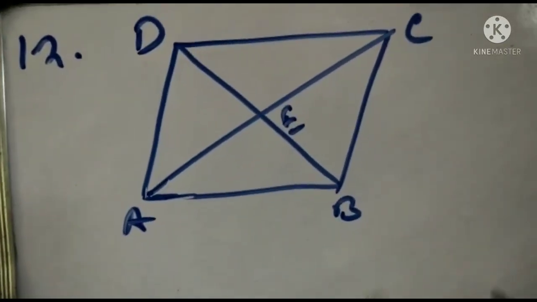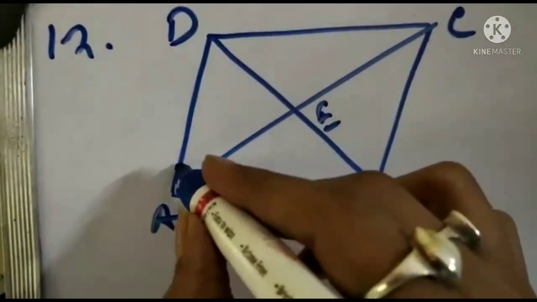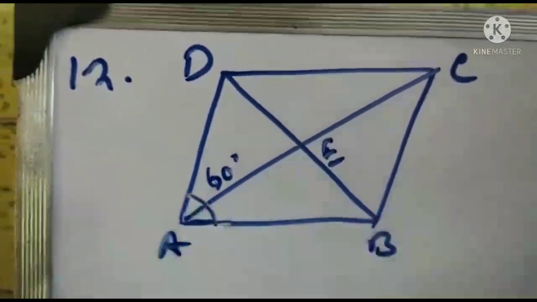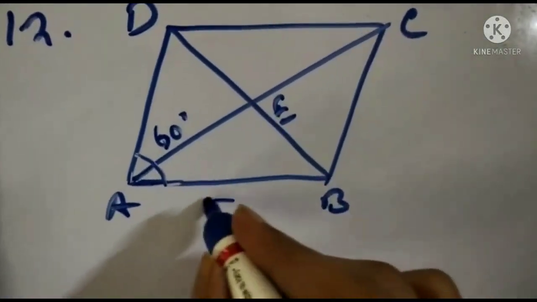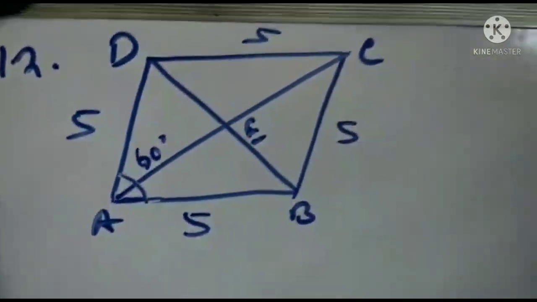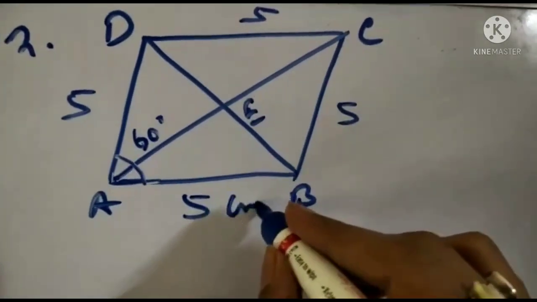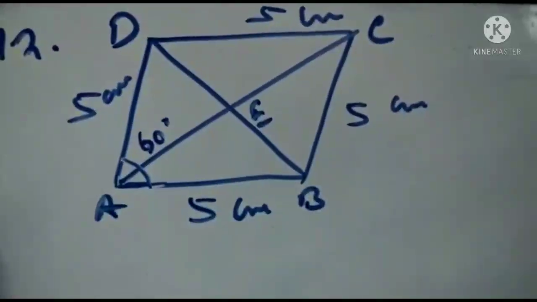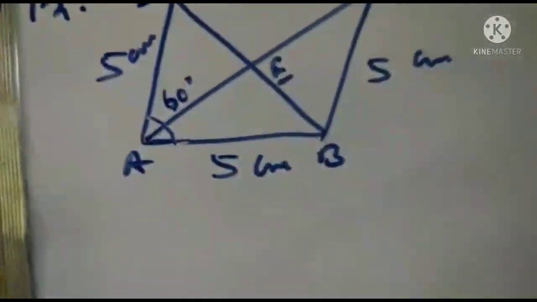So see, it is given that angle A, means the complete angle, is 60 degree, and each side is given 5 centimeter. Now see how to find this AC and BD respectively.